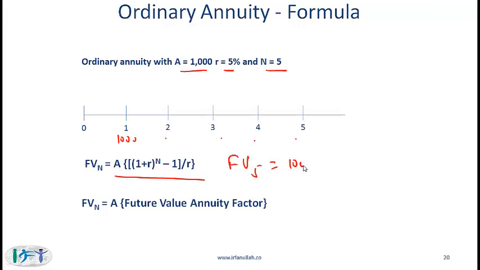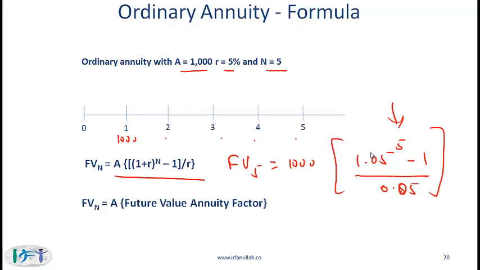A is 1000, and then 1 plus R, 1.05, this is the interest rate, raised to the power of 5, minus 1 divided by the interest rate, which is 0.05. This number in here is called the future value annuity factor.